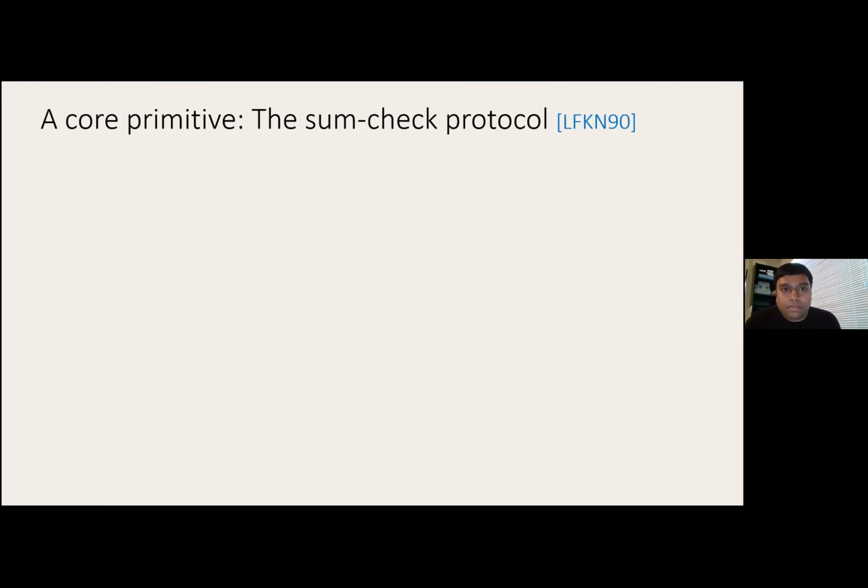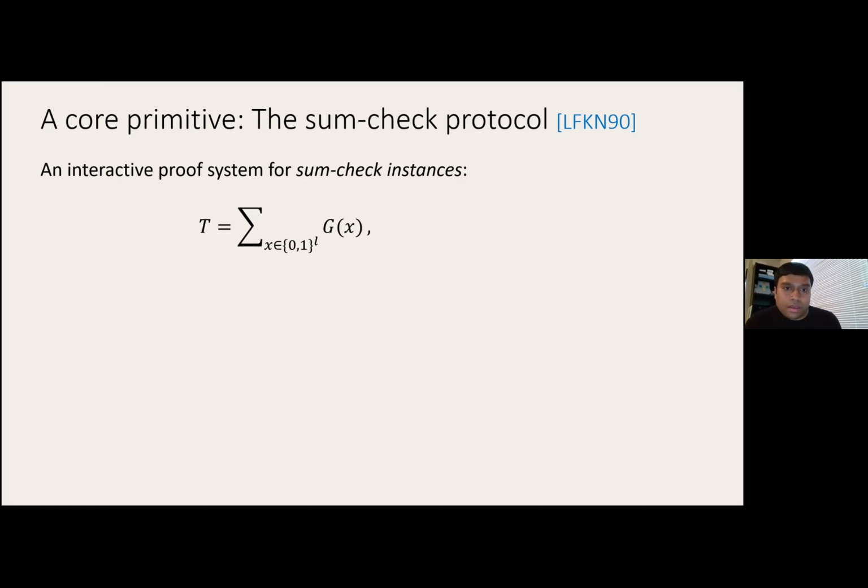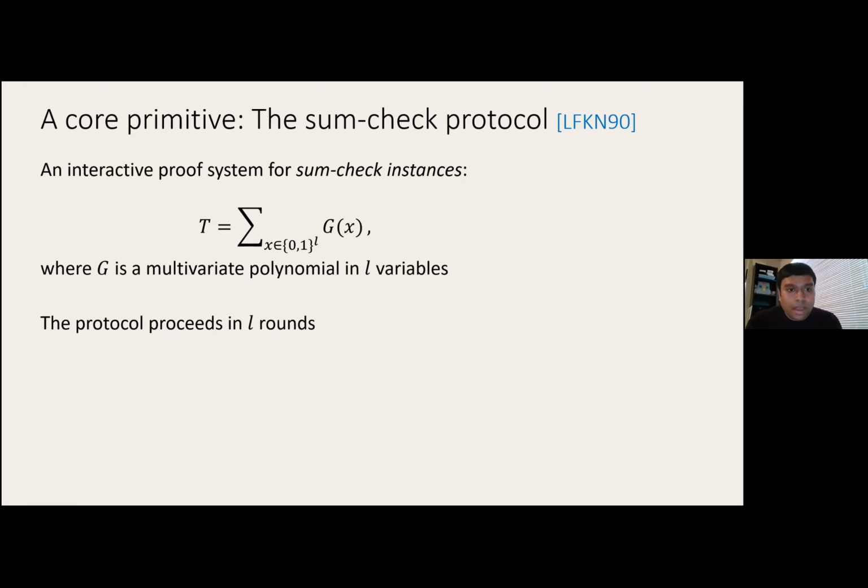The reason we are interested in this particular sum is that there is a core primitive that Spartan employs called the sum-check protocol. It's an interactive proof system for sum-check instances of this form, where G is a multivariate polynomial in L variables, and T is some target value in the finite field. The prover can prove that this polynomial G sums to this target value over the Boolean hypercube. In this protocol, there are L rounds, where L is the number of variables in the polynomial.